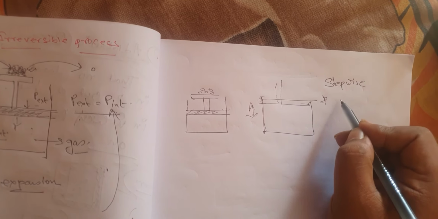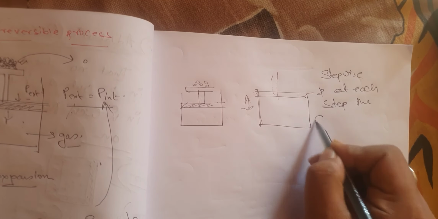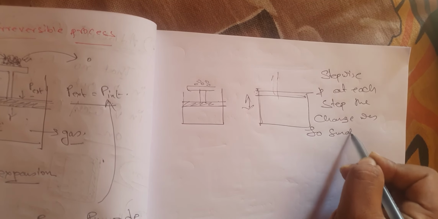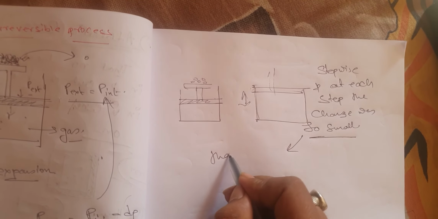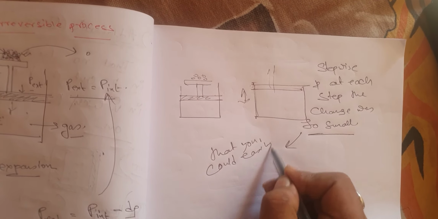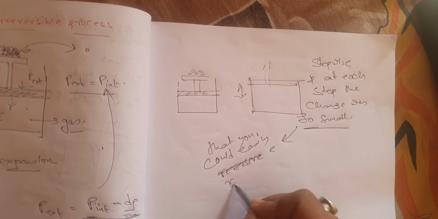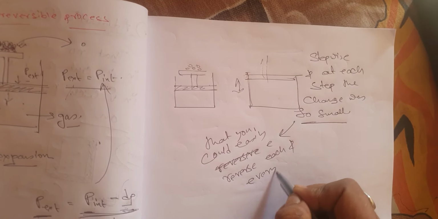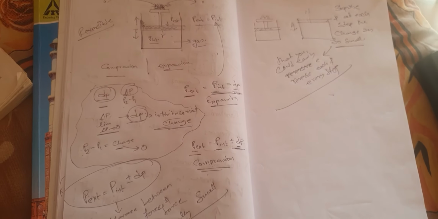And at each step, the change was so small and the difference of the driving and the opposing force was so small that you could easily reverse each and every step. Yes or no? Such a process is known as a reversible process.